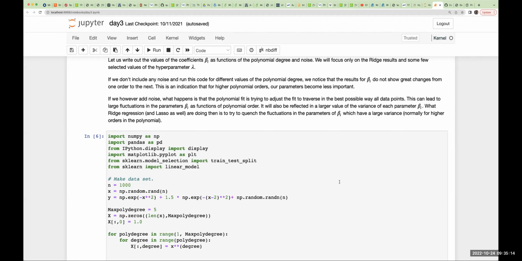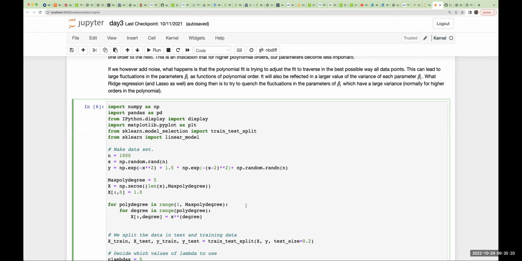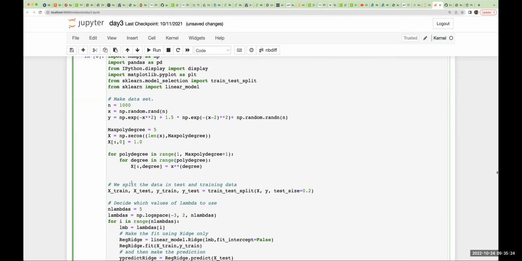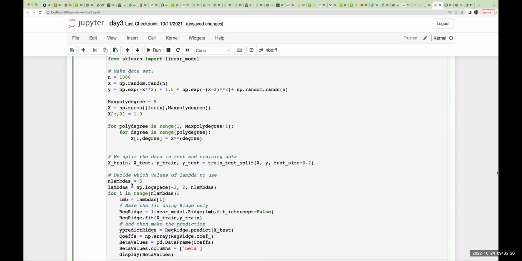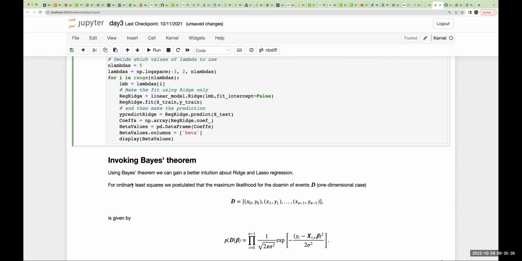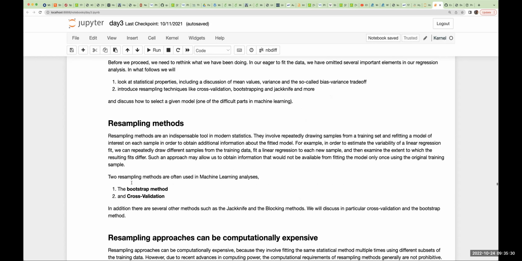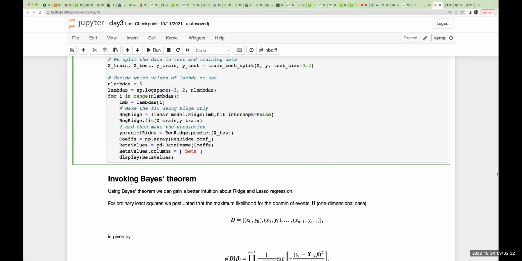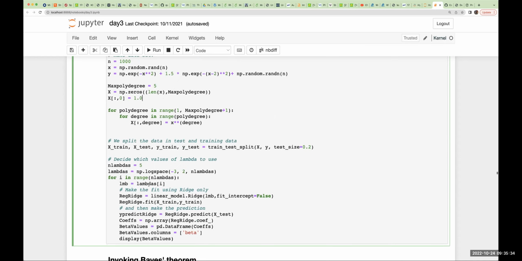And we are going to limit ourselves to ridge regression. So let me just quickly change this one. It should be a +1 here. And in this particular case, I take only 5 lambda values. This is the code we are going to look at. So we are just going to look at small lambda values.